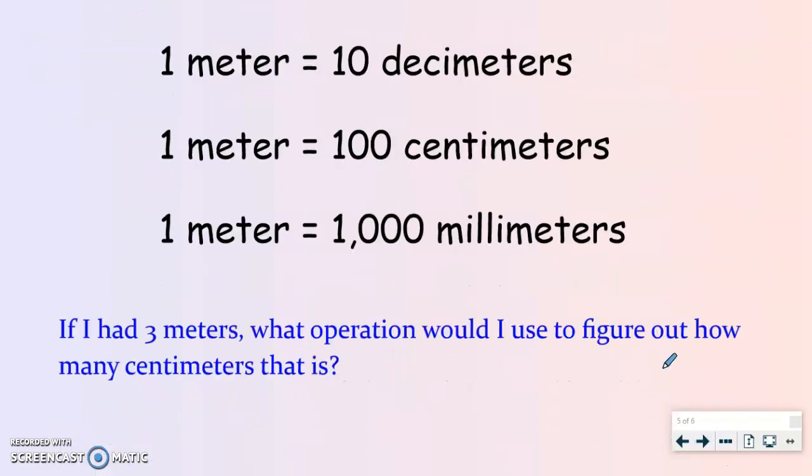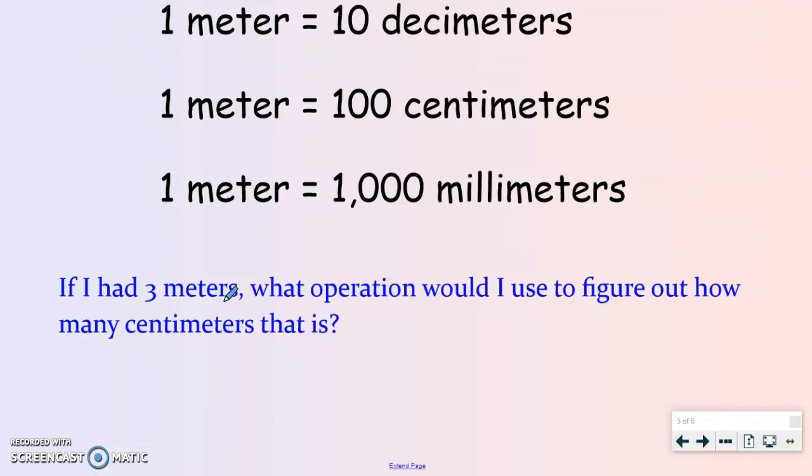So if I had 3 meters, what operation would I use in order to figure out how many centimeters that is? Okay, if I'm going from a larger unit to a smaller unit, I'm going to have to multiply. I would definitely need to multiply in this case because I have decimeters in the way.